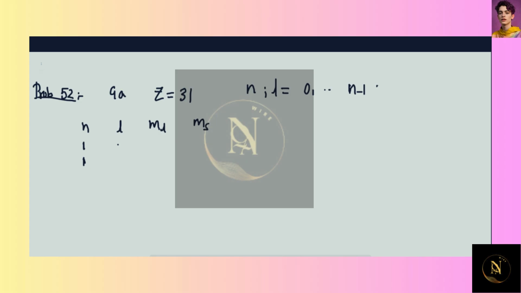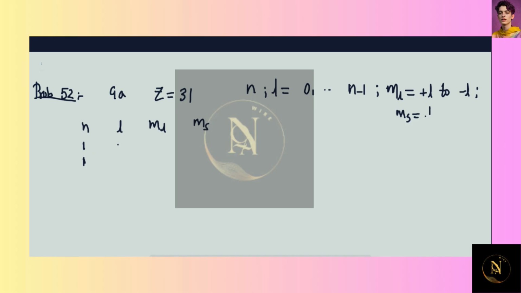For any value of l, ml can go from plus l to minus l, and ms can be plus 1 half or minus 1 half. We are going to use these equations to write down the quantum numbers for each electron in the gallium atom.